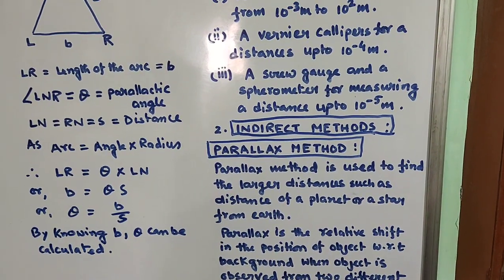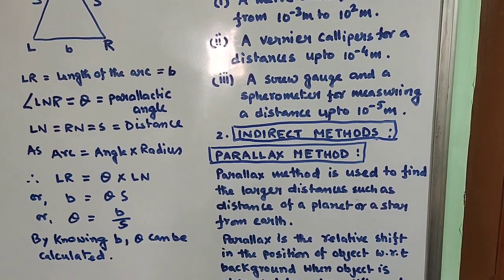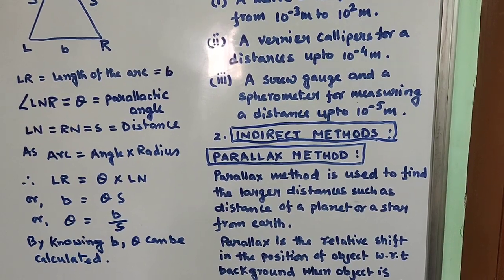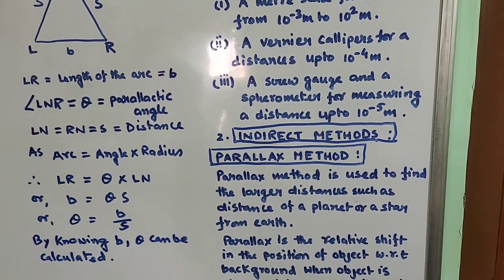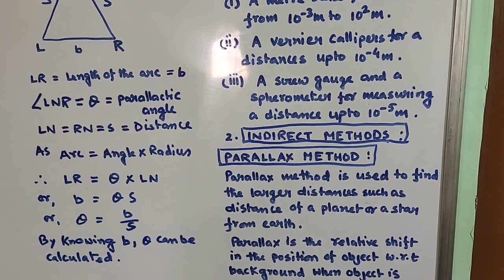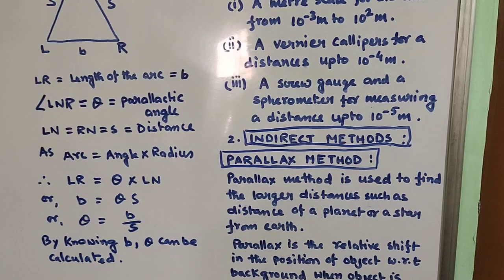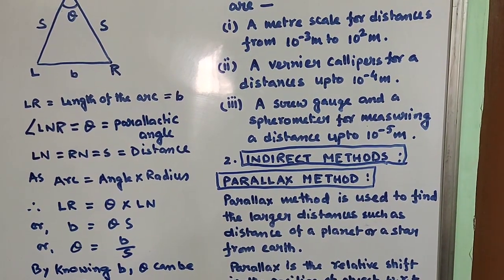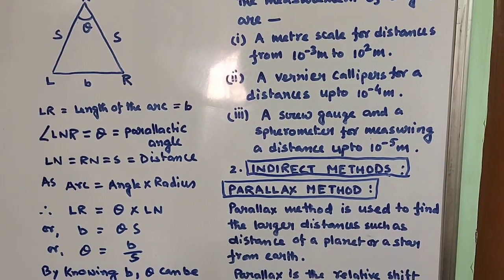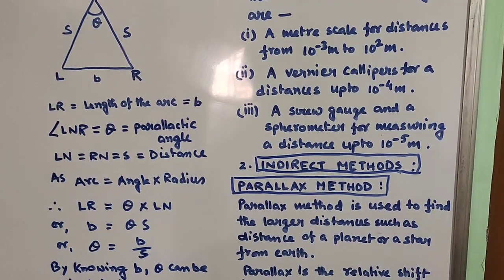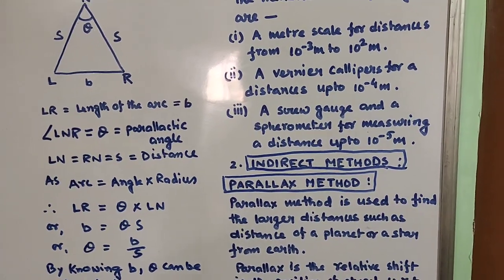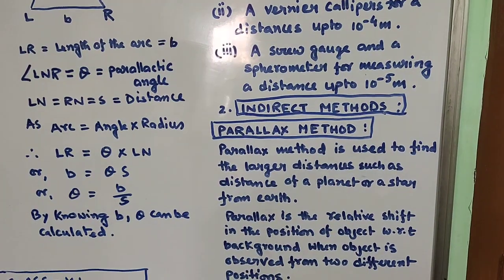Now you have to observe that object either by your left eye or by your right eye. If you observe by closing your left eye and looking from the right eye, and later close your right eye and look from the left eye, you will see that there is a relative shift of the position of the object with respect to the background, and that is nothing but parallax.